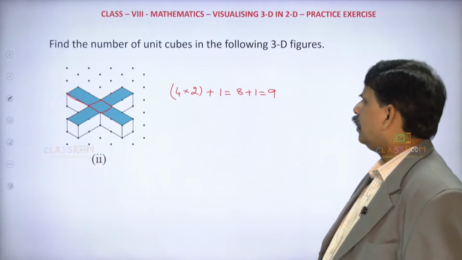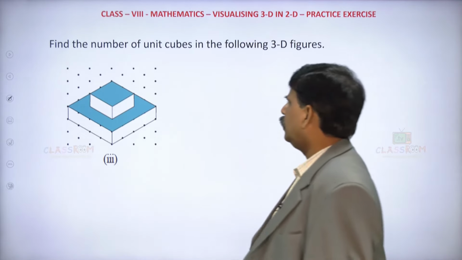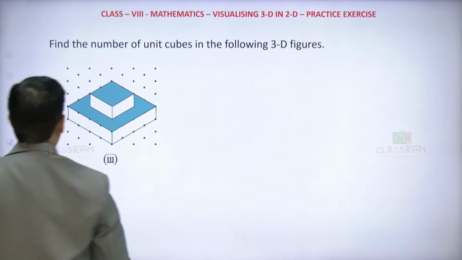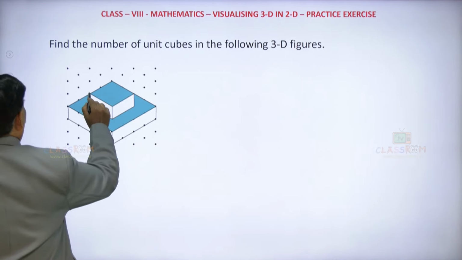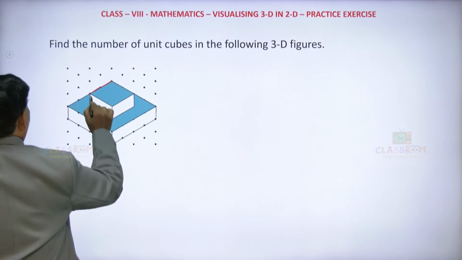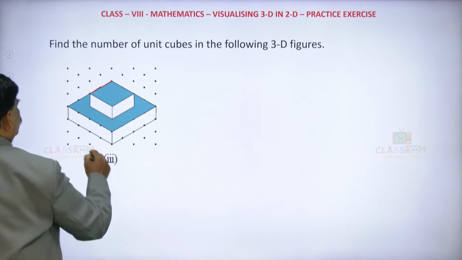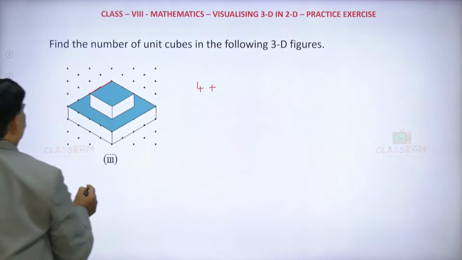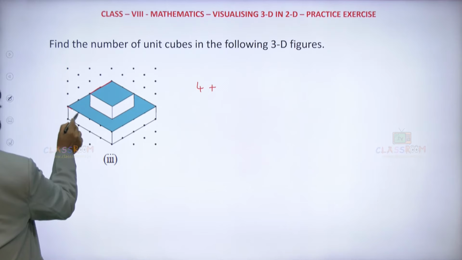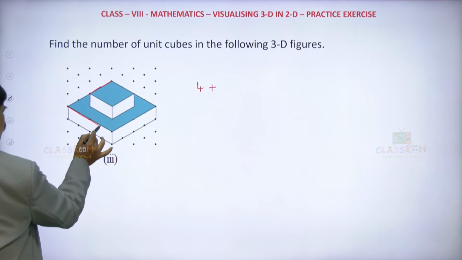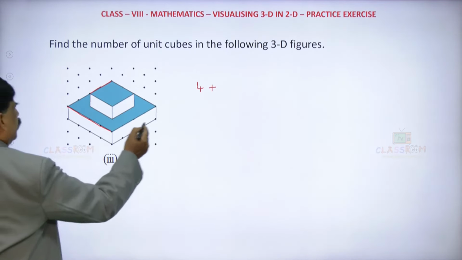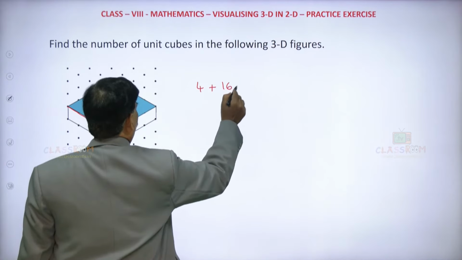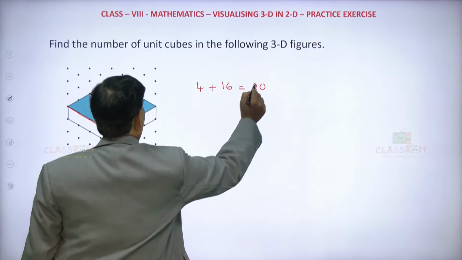Clear? See the next one now here. So this is here 1, 2. That means this is a 2 by 2. 2 by 2 in the sense 4 are here. Plus, look at here 1, 2, 3, 4. 4 by 4, 16. 4 plus 16, 20 unit cubes are there.